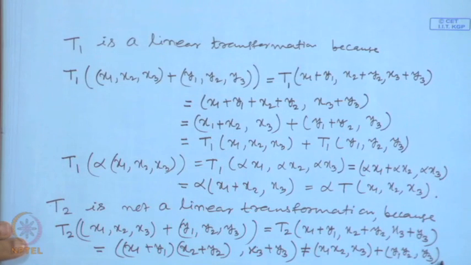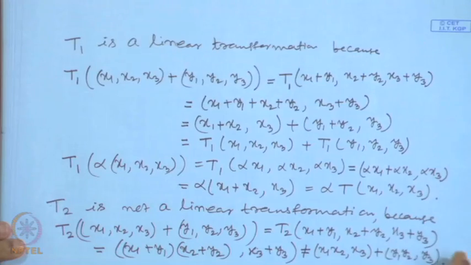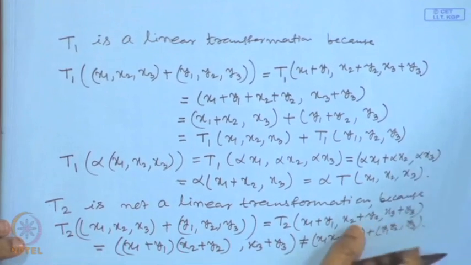So, therefore, this T2 is not a linear transformation.